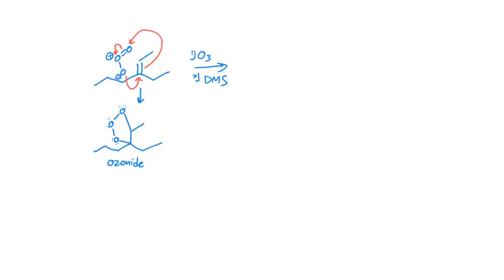I'm going to use red arrows again. So the CC bond breaks and forms a pi bond to one of the oxygens. That bond breaks so that I don't overfill the octet of that oxygen.